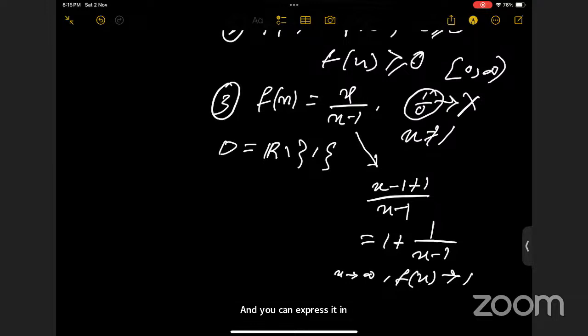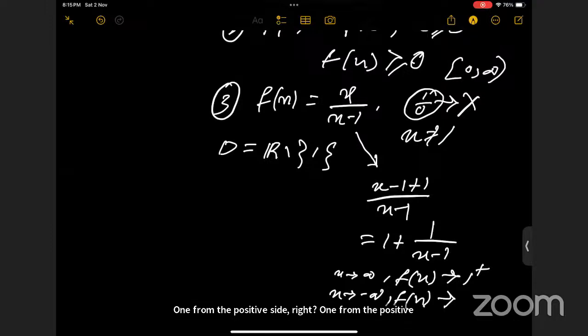So when x tends to infinity, the function tends to 1 from the positive side. And when x tends to minus infinity, the function tends to 1 from the negative side. Are you getting my point?